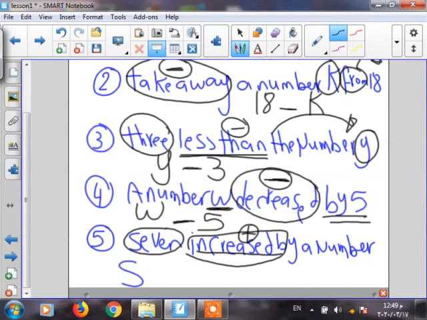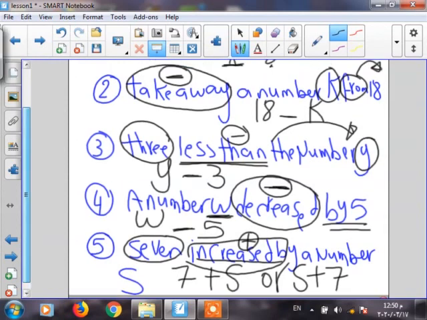Increased by the number S, so 7 plus S. Or I can write it another way, S plus 7, because we took before the properties of addition, I can use the commutative property. Okay? Because I can change places. In plus only I can change places, but in minus I can't change any places.